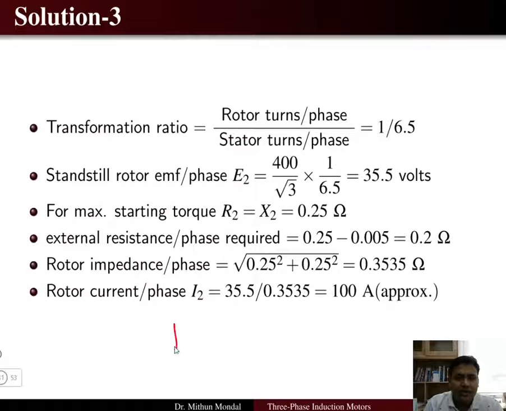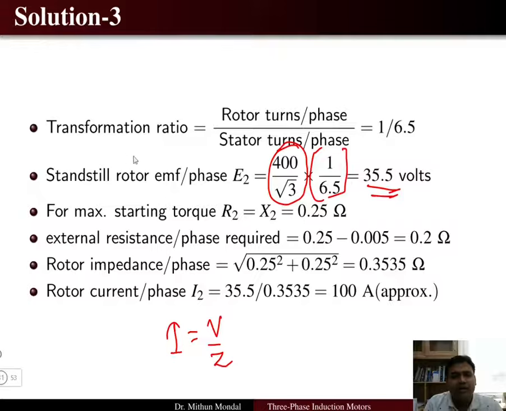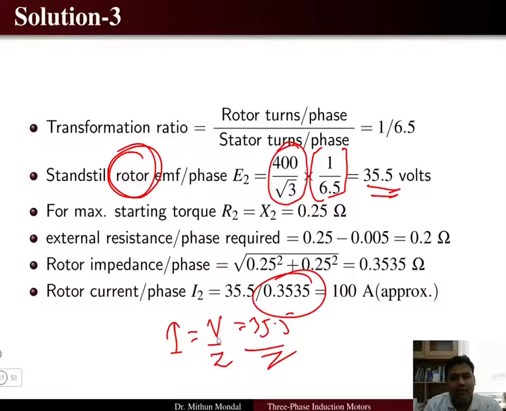So the current is equal to the voltage divided by the impedance. The voltage 400 by root 3, multiplied with the transformation ratio, gives 35.5 volts in the rotor circuit. So 35.5 volts divided by the total impedance, which is 0.3535 for the maximum torque condition, we get 100 ampere approximately.